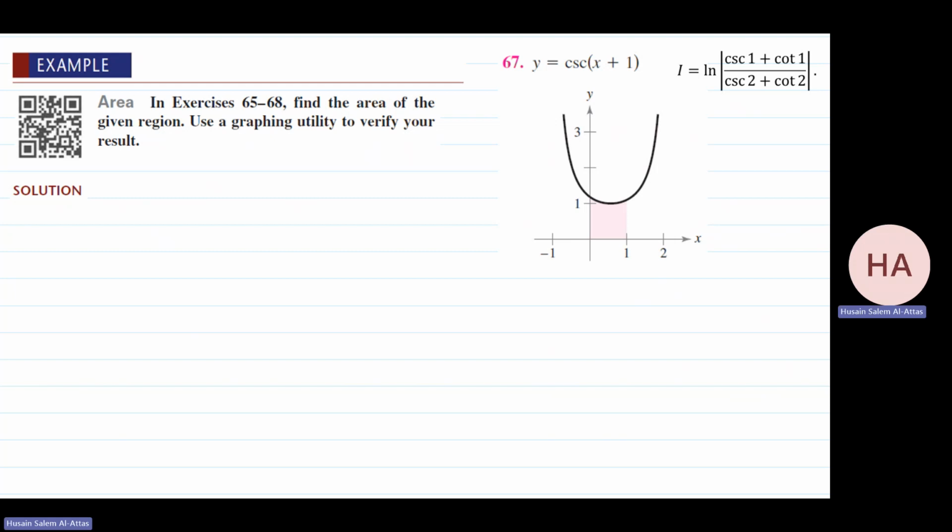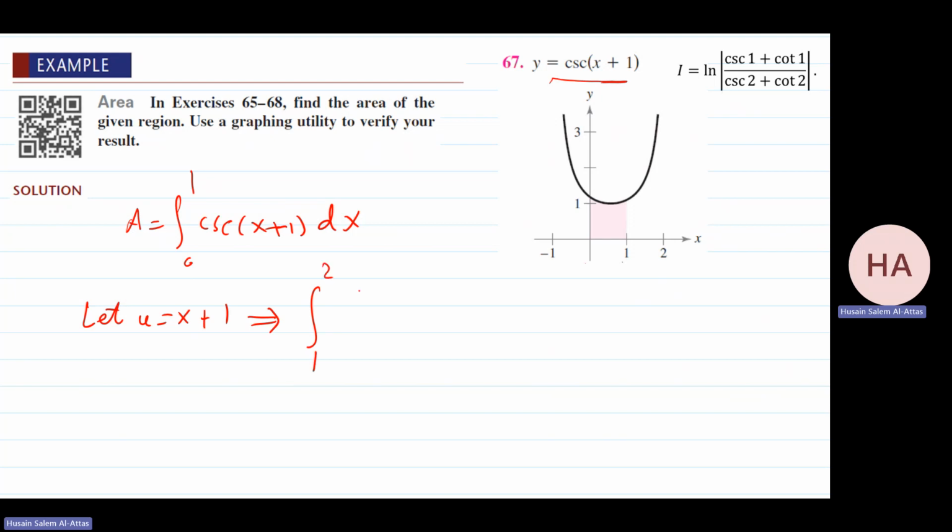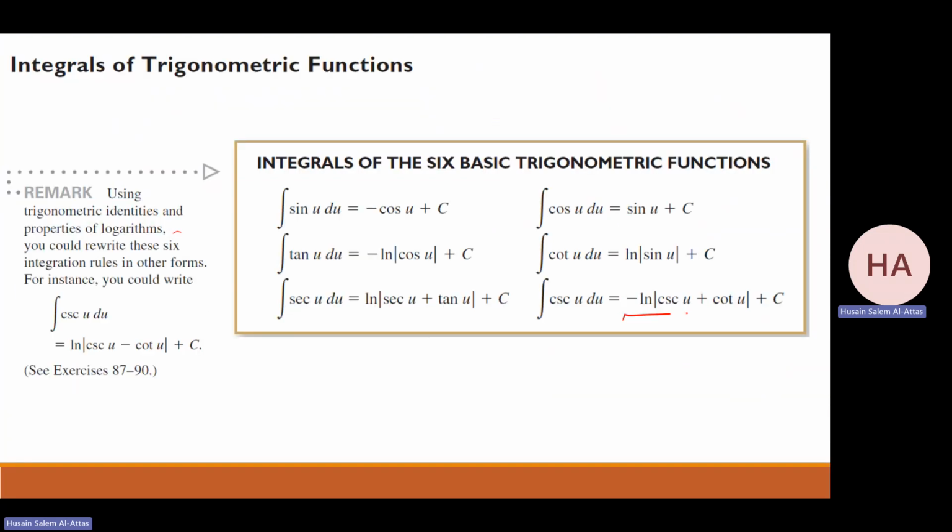Okay. I need to find the area of this function from 0 to 1. So I need to find the integral from 0 to 1 of this function. So what I will do, I will let u equal x plus 1. So what I have is the integral from 1 to 2 of cosecant u du, since du will be dx. And the integral of cosecant x is what? Is this one.